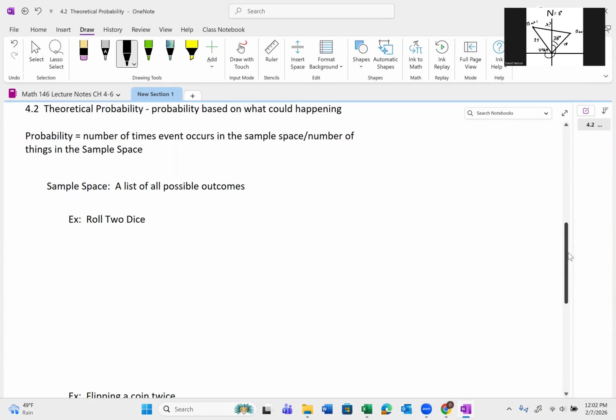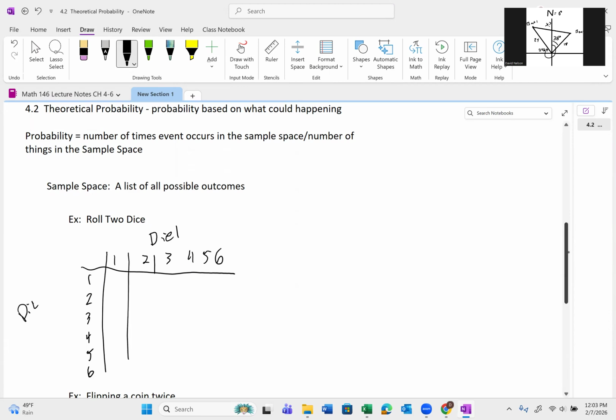For example, if we're going to roll 2 dice, you want to think about what you could possibly get. So on die 1, you could get 1, 2, 3, 4, 5, or 6 come up. And on die number 2, you could also get a 1, 2, 3, 4, 5, or 6.